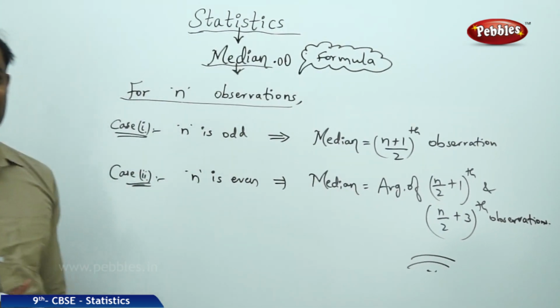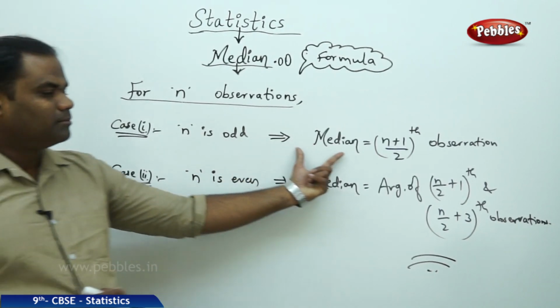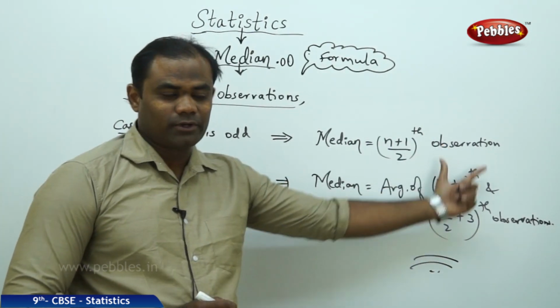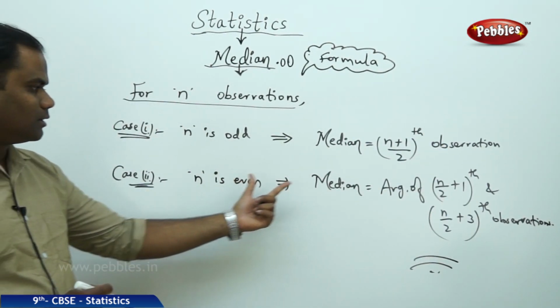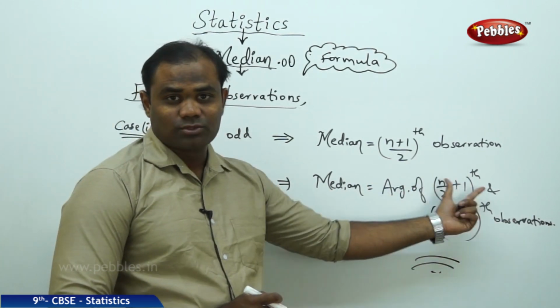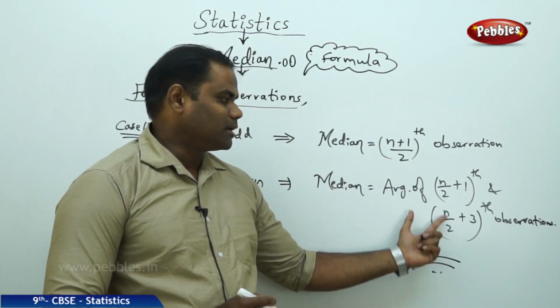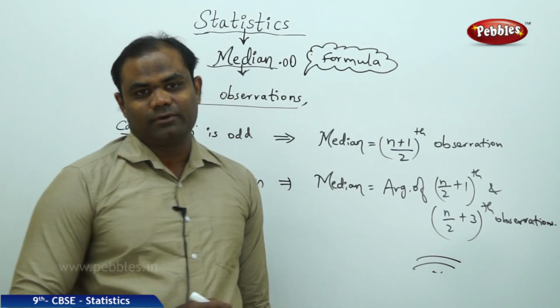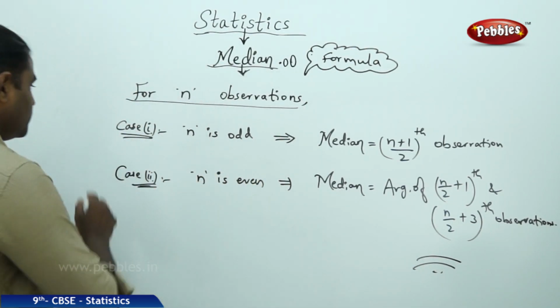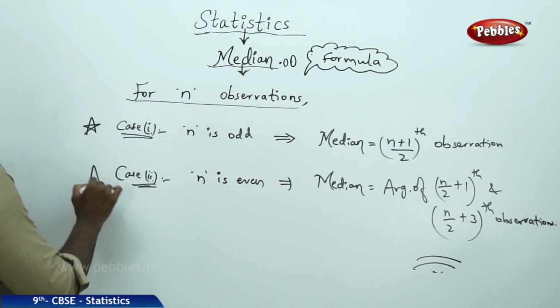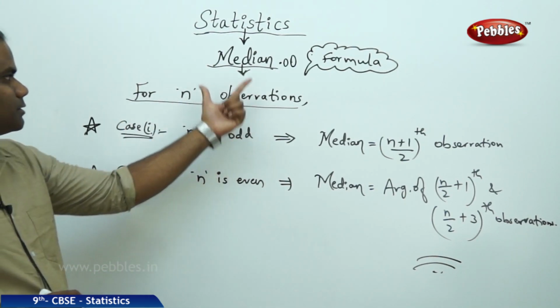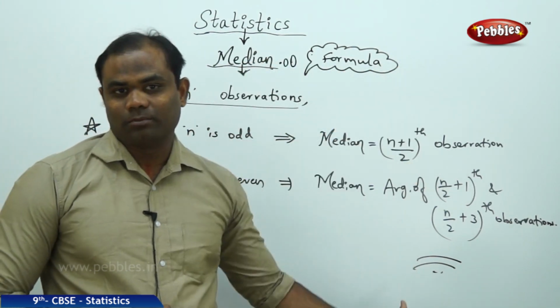Is how we understand. N odd, median is n plus 1 by 2th observation. N even, median is average of n by 2 plus 1th observation, and n by 2 plus 3th observation. Is how we understand the 2 basic formulae for n observations, median with its formula.